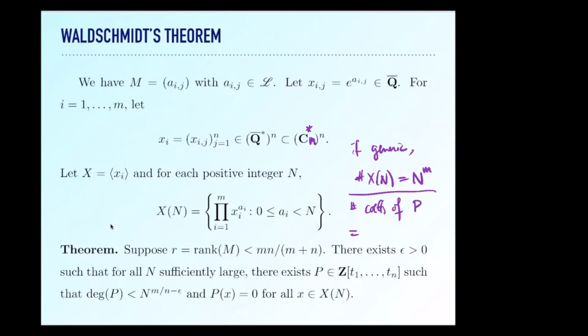Degree, remember, is the maximal exponent in each term, so in each t_i it's the maximum exponent. So the number of coefficients is very simply this quantity to the n-th power, which would be N to the m minus N epsilon.